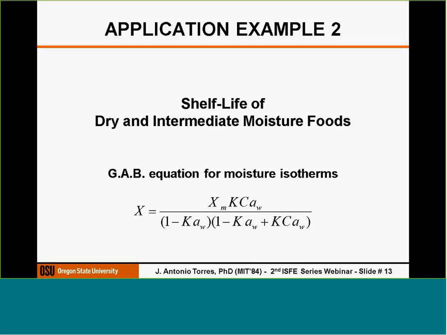Since they are obtained experimentally, there will be some uncertainty about their values, so there will be a mean and standard deviation describing that.